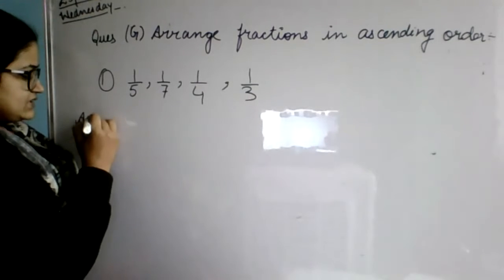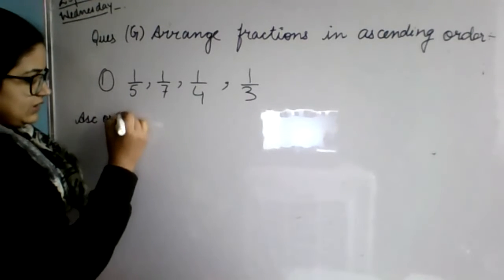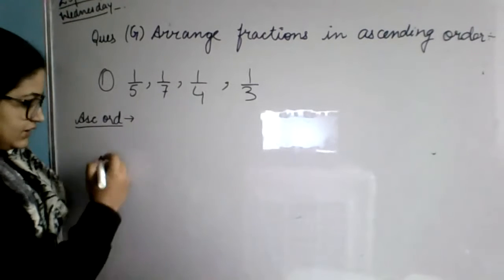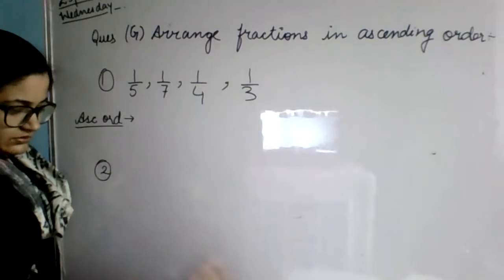Write here ASC, and arrange them in ascending order, smaller to bigger. Then write question number 2.